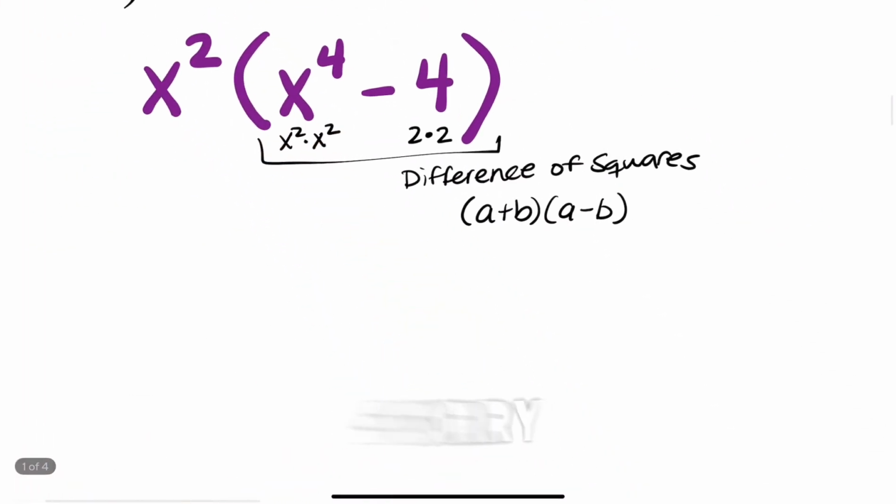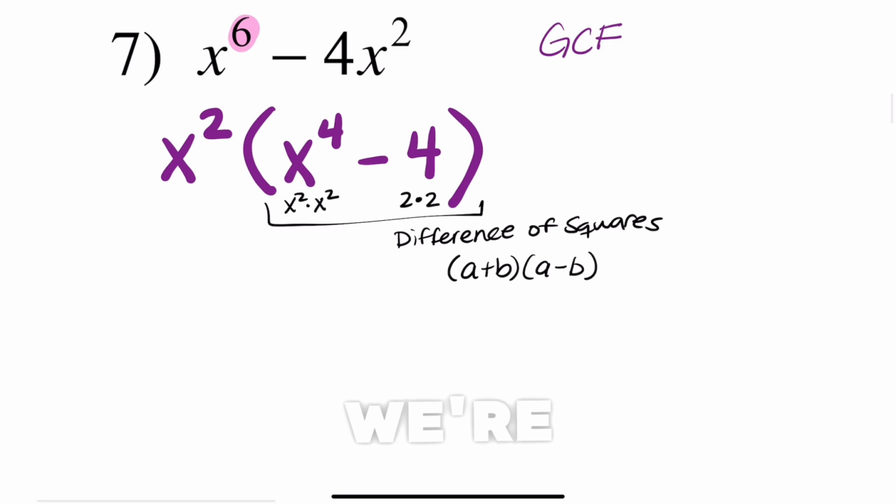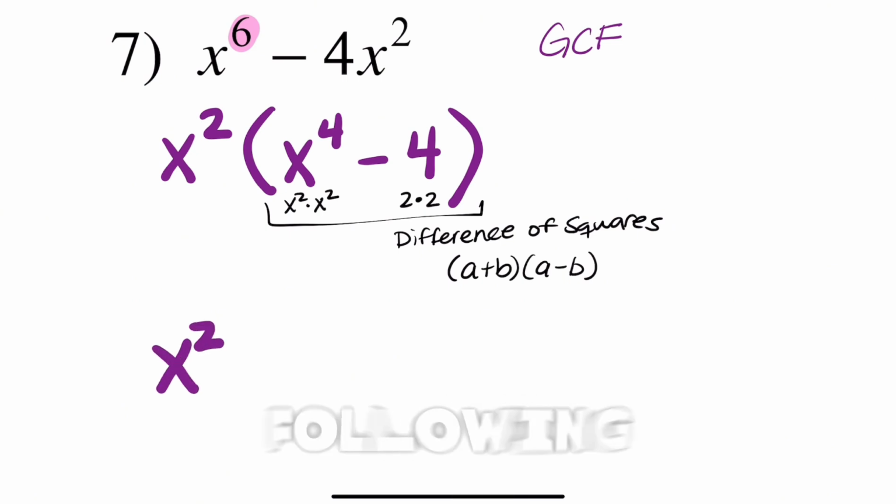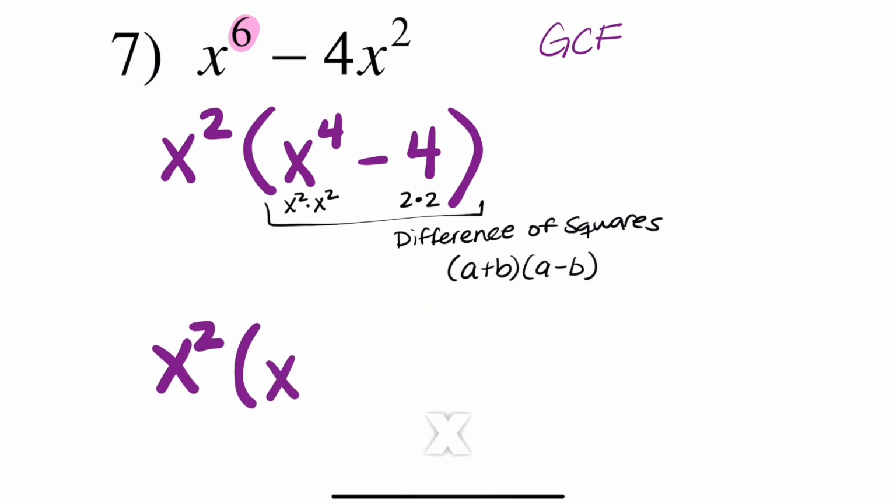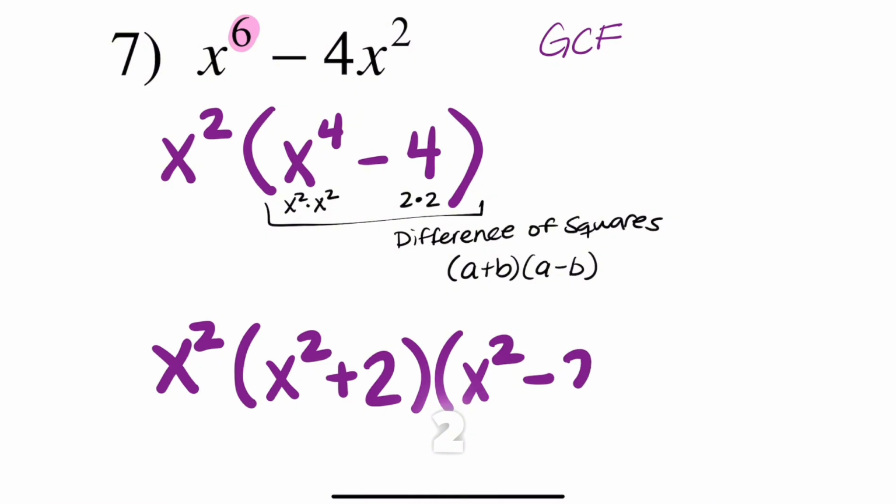Okay? So we're going to go ahead and bring down the GCF, which was x squared in the beginning. We're going to bring that down. And then following the difference of squares pattern, we'll be writing x squared plus 2 and x squared minus 2.